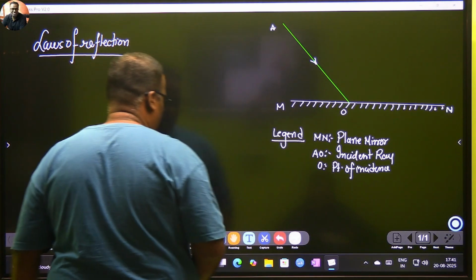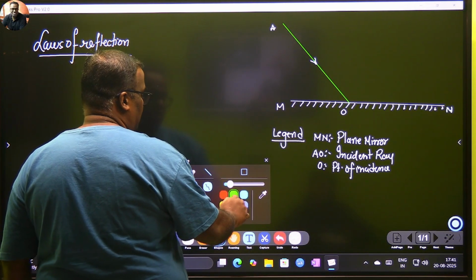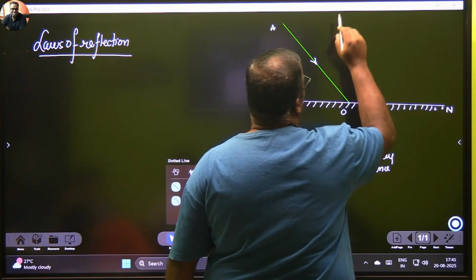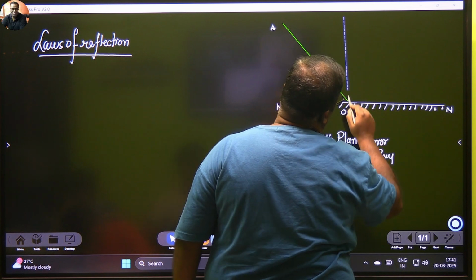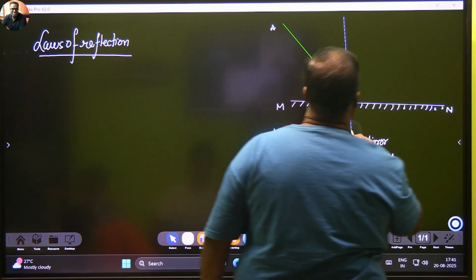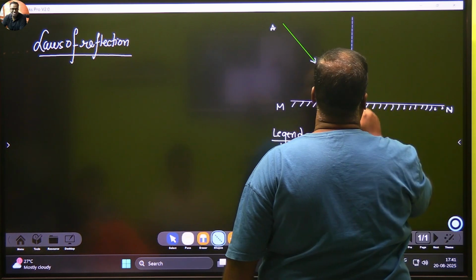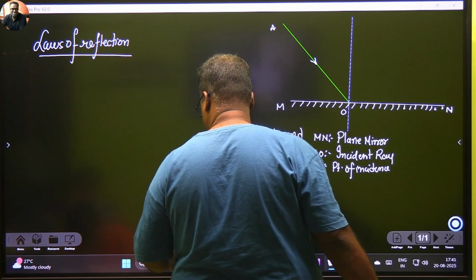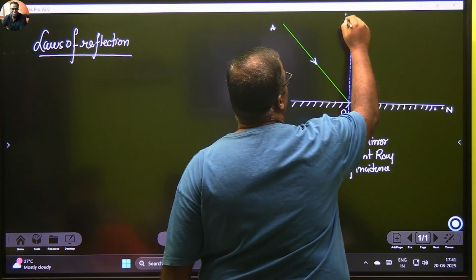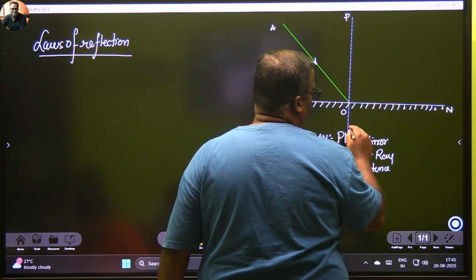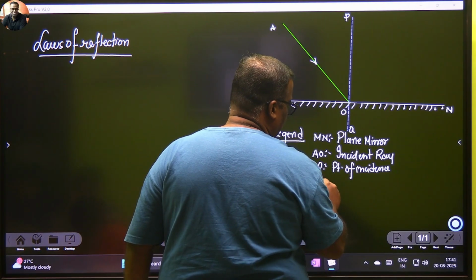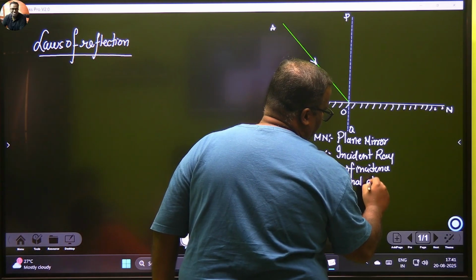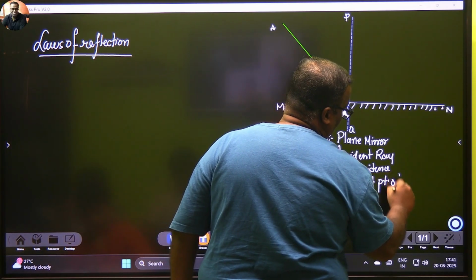Now, from here you need to pay attention. What we will make is something known as the normal at the point of incidence. Let me make it first. I name this PQ. My PQ is normal, normal at the point of incidence.